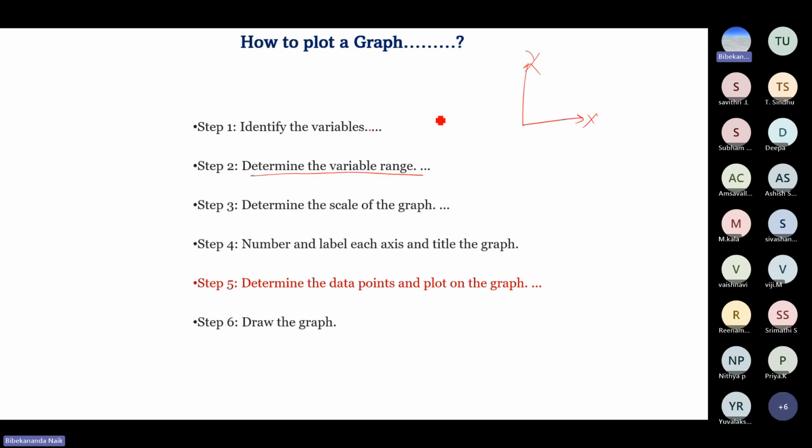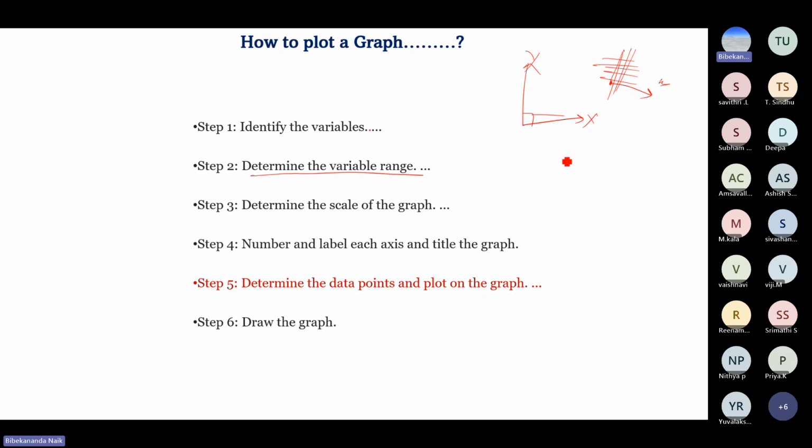You must remember when we plot a graph, there are small squares in the graph paper. When we plot a graph, we define one scale to some unit. That decision depends upon the range of the variable.